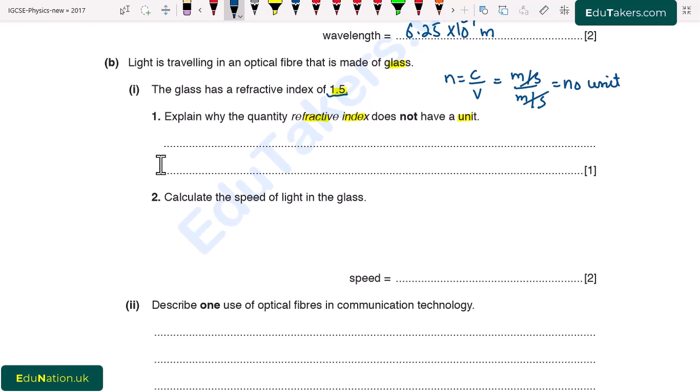It is because refractive index is the ratio of the same quantity, that is speed. So I write here because it is the ratio of similar quantity.